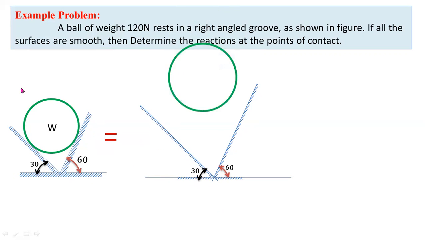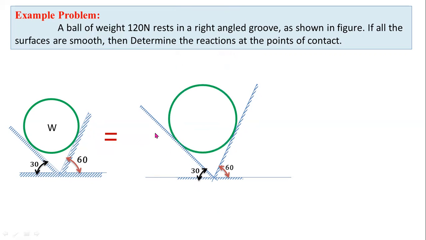Now this is the given ball. First of all, you have to consider a center point. After that, you have to consider the self weight W. Already we know that self weight always acts vertically downwards. So you have to consider a vertical force, that is the self weight of the ball.